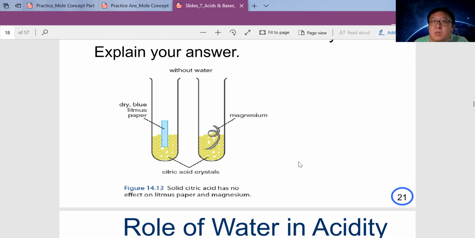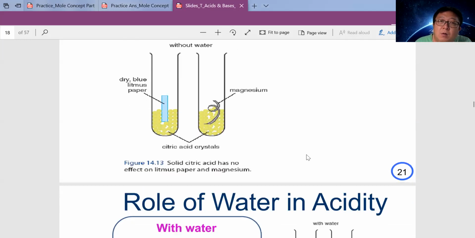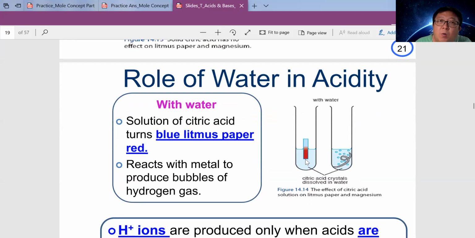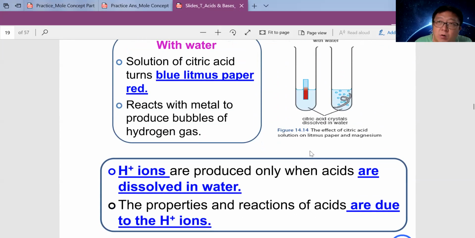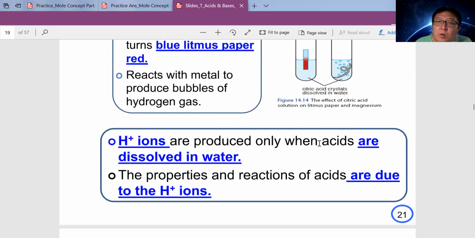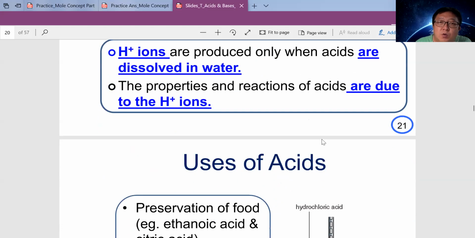You put it there for 1,000 years, also nothing happens. But the moment one drop of water goes in, it's a different story. The acid properties will come out, so your litmus paper will change color. So this is what we are trying to emphasize to you, the importance of water in liberating your H+.